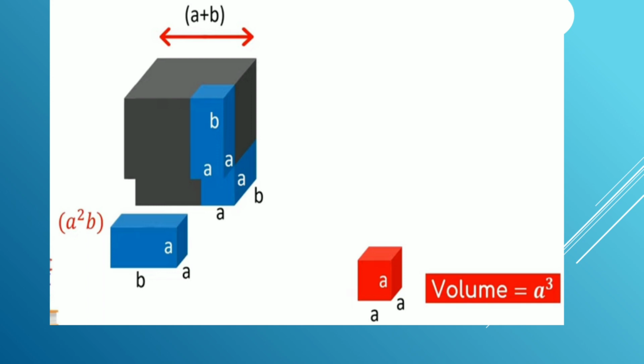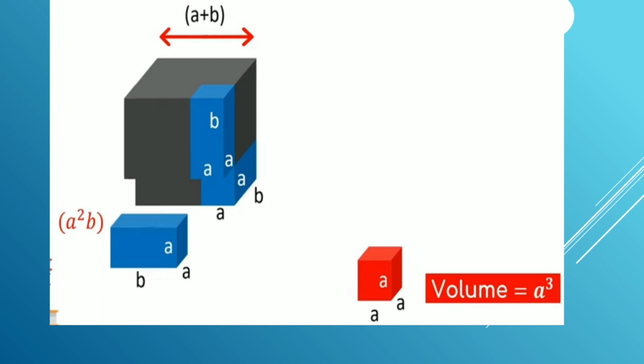Then we'll come to the second portion, that is the blue one, in which the length is b and the two base sides are equal to a. So by multiplying all these three for getting the volume, we will get here a square b.